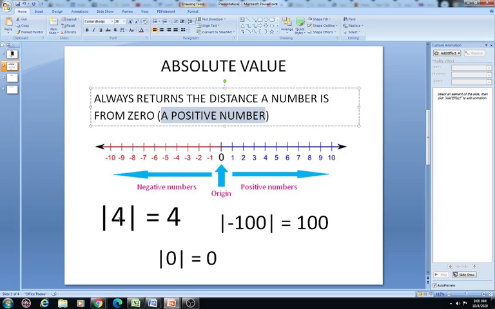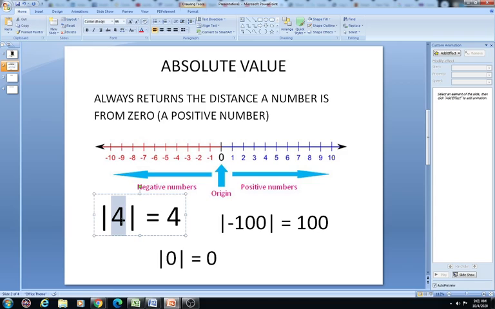The number you feed into the absolute value function might be positive, it might be negative, it might be 0. But it's always going to return a positive number. Keep that in mind. It's a very important concept. We're going to talk about absolute values later on when we're adding differently signed numbers. If I want to add a positive number and a negative number, we're going to take the absolute value of those numbers and do something with it.